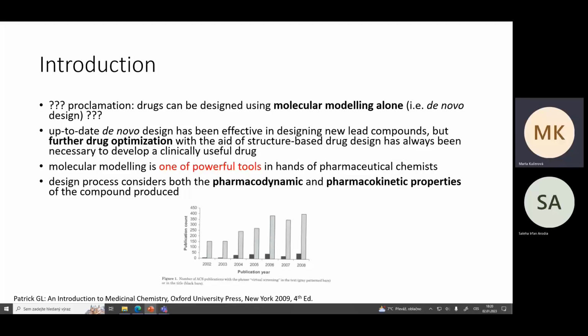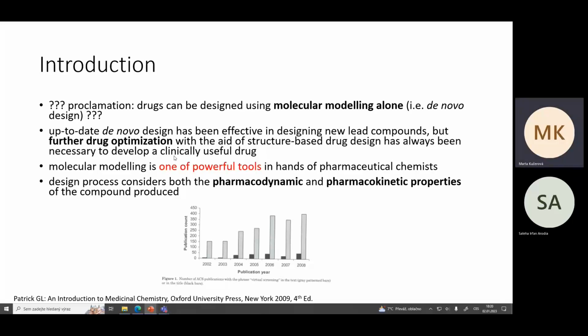And from lead compound to candidate, further drug optimization is necessary in the means of synthesis of multiple compounds and screening of multiple compounds. So it means that molecular modeling is only one of the powerful tools in the hands of pharmaceutical chemists, done by computational chemists.